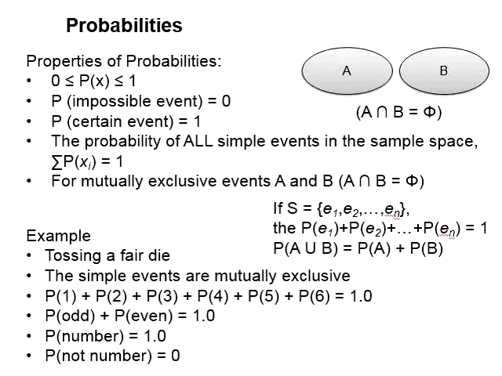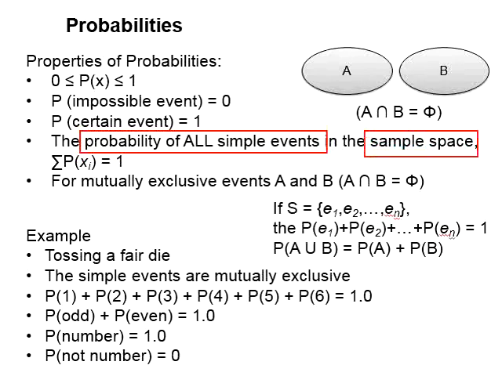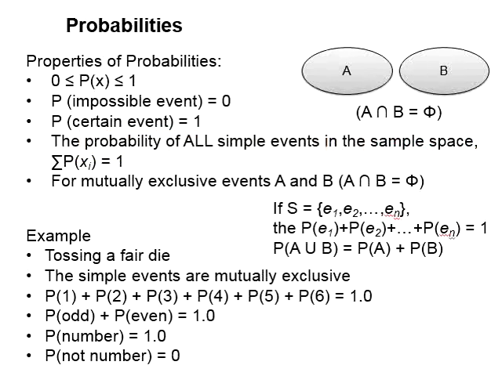Next, we look into another point where the probability of all the simple events in the sample space will be equal to 1.0. It means that if we sum up the probability of every single simple event that may occur out of an experiment, it will be equal to 1.0.